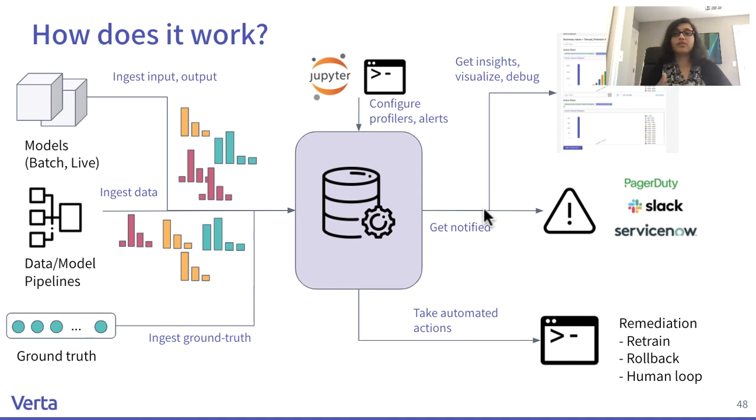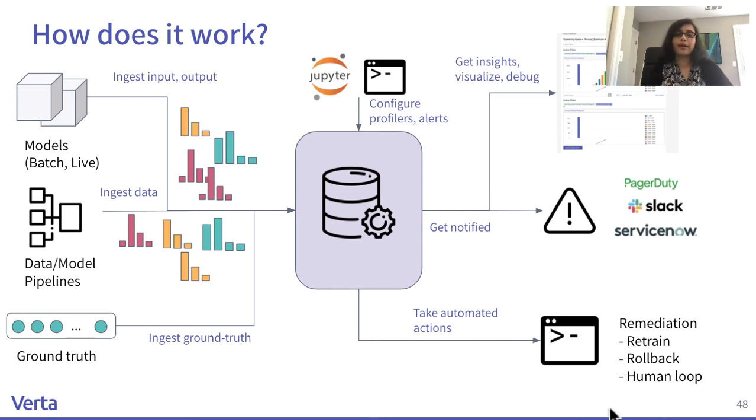And finally, you can visualize the statistics in a web UI, or you can get notified about unexpected events with the tools of your choice. It could be PagerDuty, it could be a Slack notification, it could be ServiceNow. So essentially, you don't have to change those workflows. And finally, you take automated actions for remediation, which could be starting a retraining workflow that we previously discussed, or if you have a bad release, you can roll back, or you need a human in the loop for labeling.